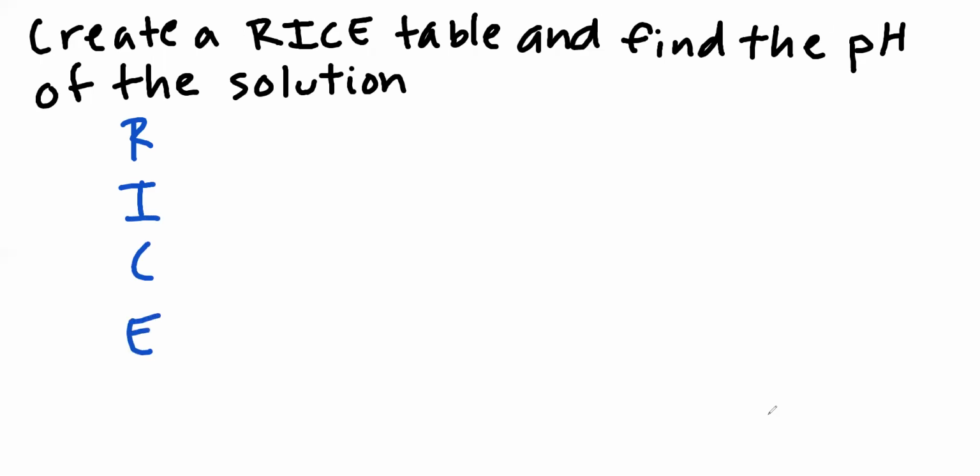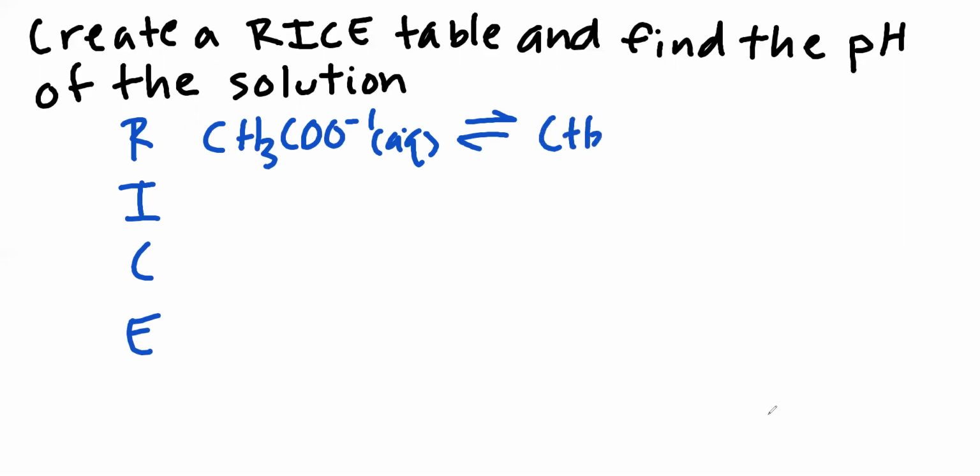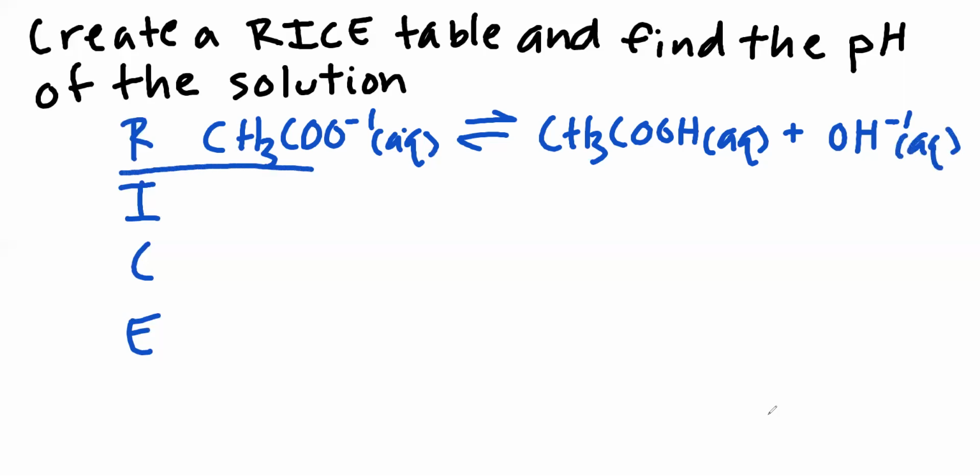So that reaction that actually got to products is this one with the acetate ion. And in this RICE table, I'm going to leave out water. It doesn't affect our equilibrium. So there's the reaction.